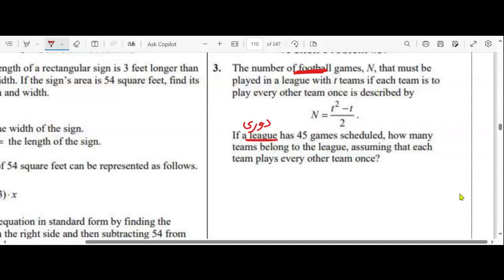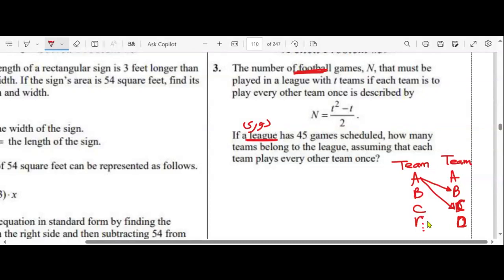Okay, so you have a team, and you have a team here. You have team A, B, C, D, and so on. So team A will not play with himself. He will play with what? With B, right? And then he plays with what? D. And if there is C here, A, B, C, and D here.